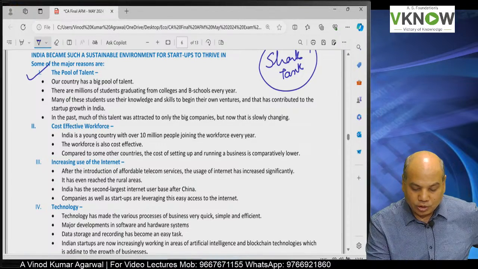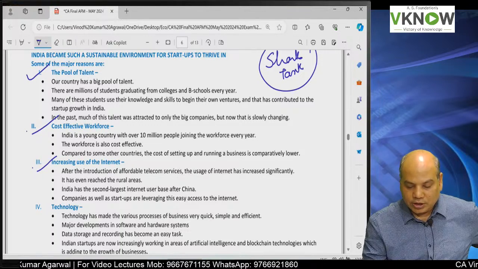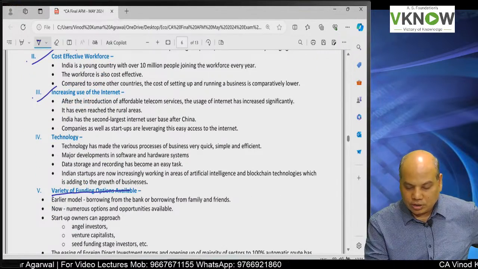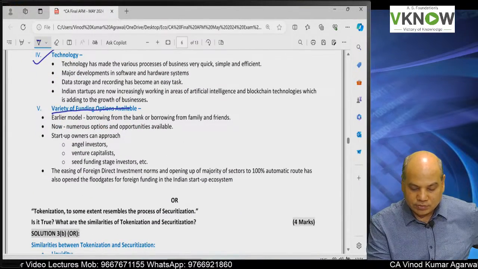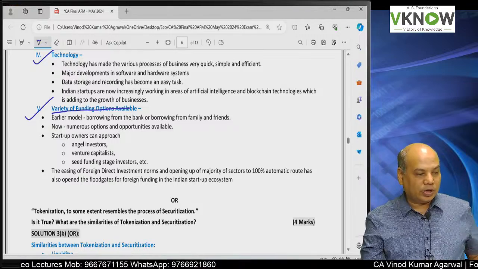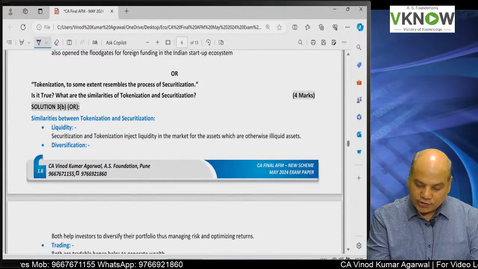The reason is pool of talent, cost effective workforce, internet is easily and available at a very affordable rate. Technology is one of the important game changers, and now there are a lot of funding options available. There was one choice element here.